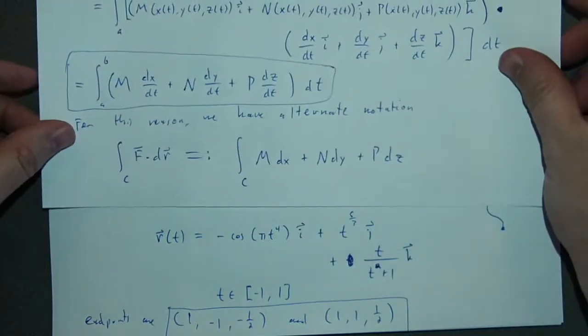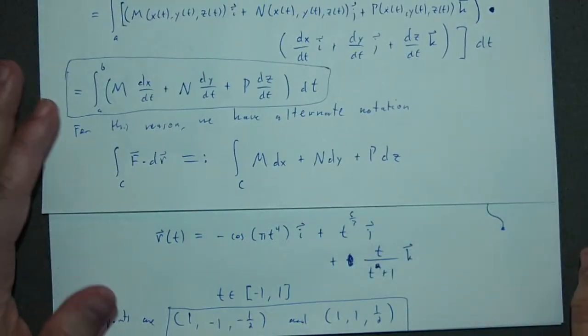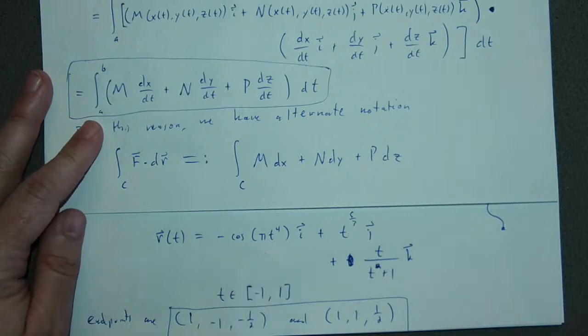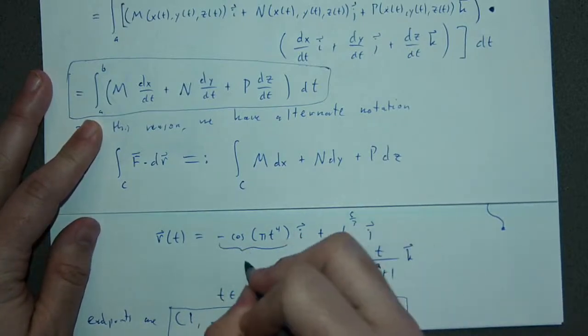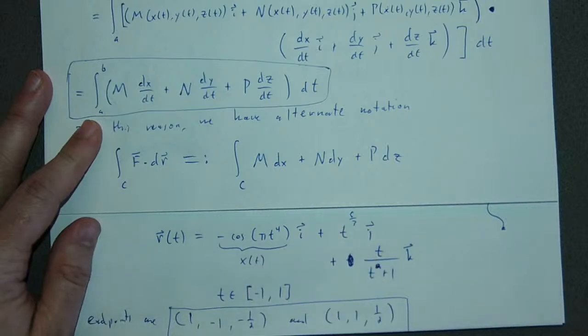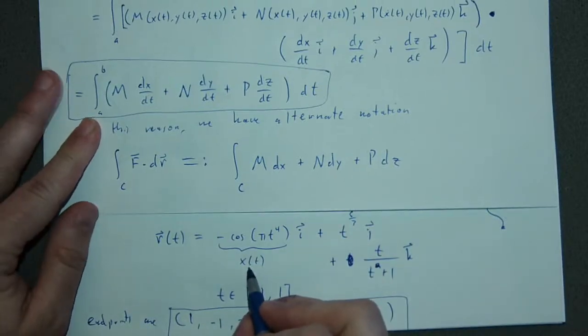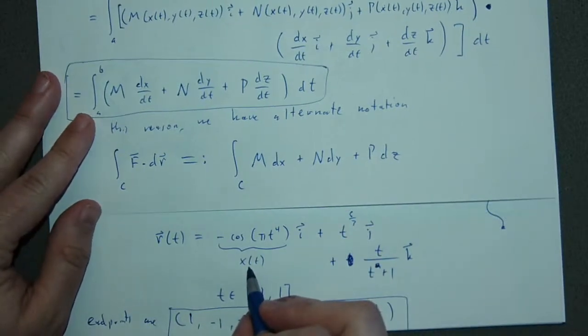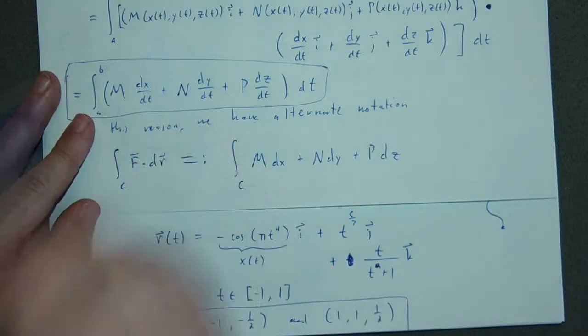What you would be doing is you would have this as your x of t. That gets plugged into your vector field, so this gets plugged into M.